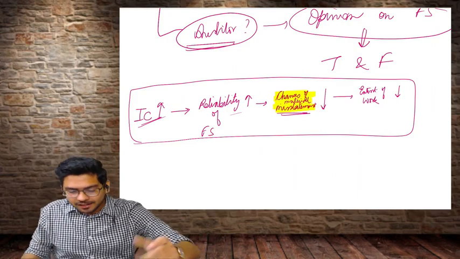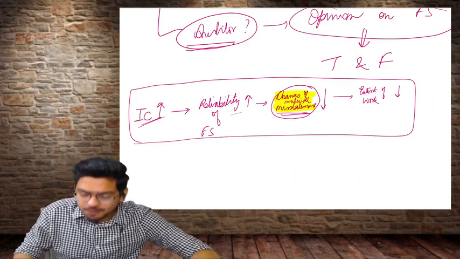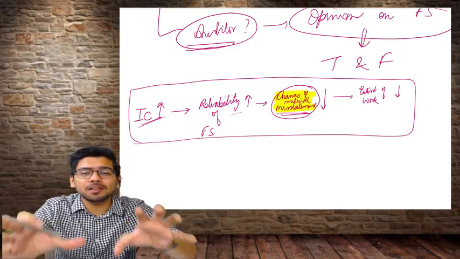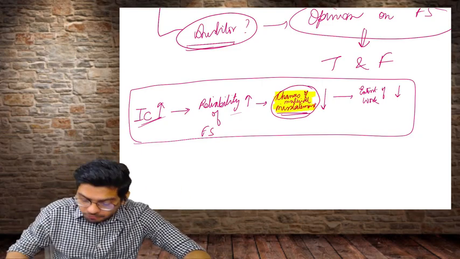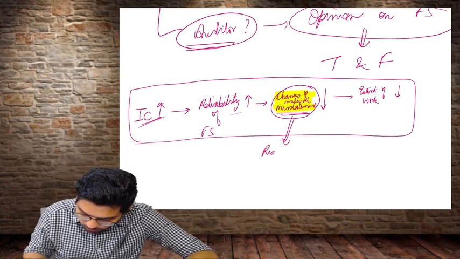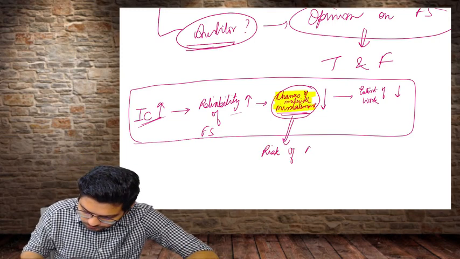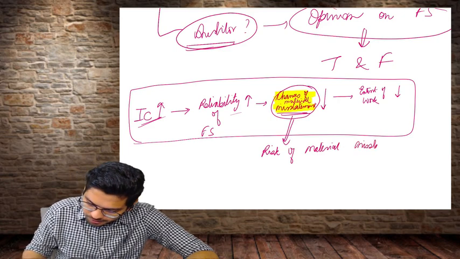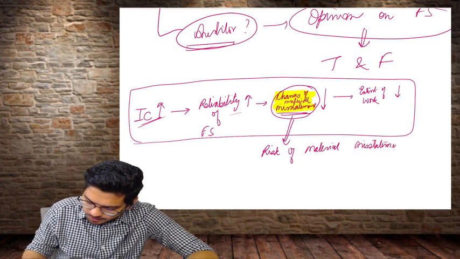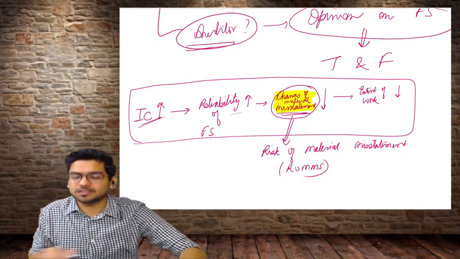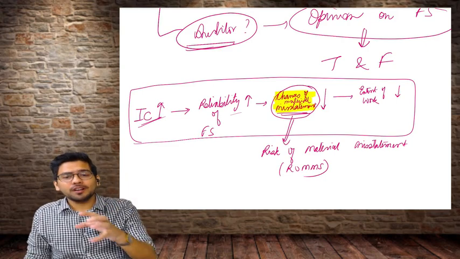Now technically this, chances of misstatement, probability of misstatement, the likelihood of misstatements happening in the financials of the organization, in auditing we call it risk of material misstatement. In short, I will be calling it ROMM, risk of material misstatement.